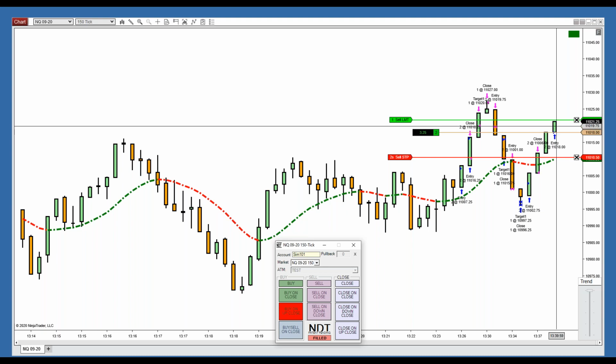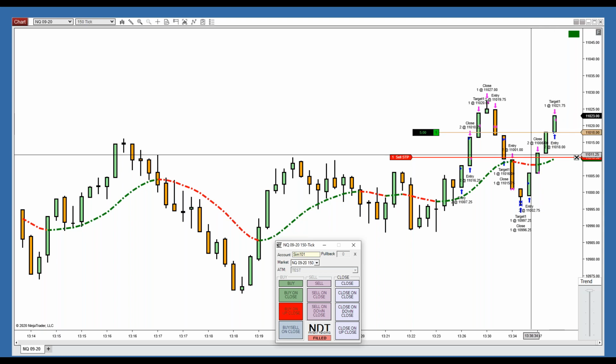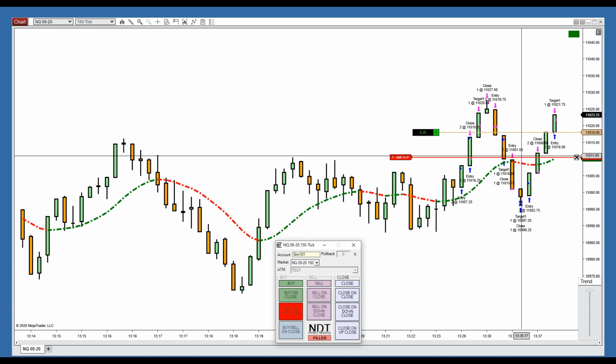That's not what we're looking for. We're looking for an entry exactly one tick above. But on tick and time, the market has that intrinsic wobble, and you may get one tick better. You can't get one tick worse. So this can only go in your favor on the entry.